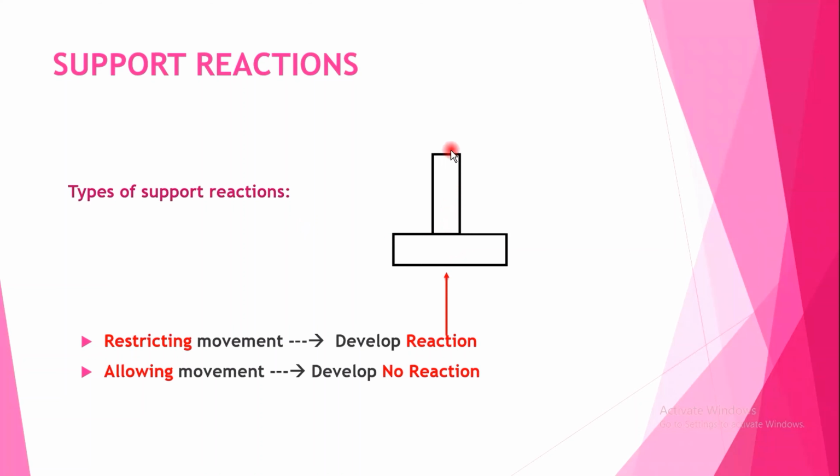It is restricting in the vertical direction, that's why we have the vertical force reaction at the contact point, and we have the restriction for the movement in the horizontal direction, that's why we have the horizontal force as a reaction. And also the structure is not rotating, meaning there is a restriction to overturning.